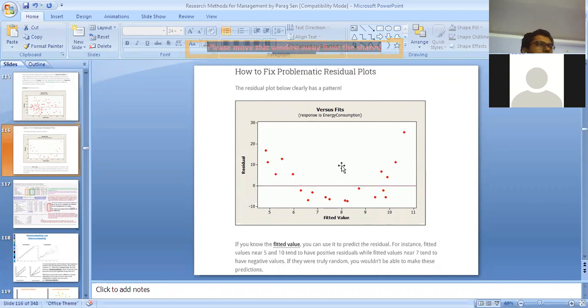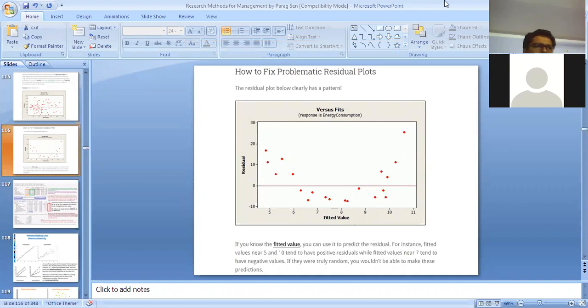So it does not actually support your linear assumption, and you should think about it and understand that the assumption may not be suitable for linear.